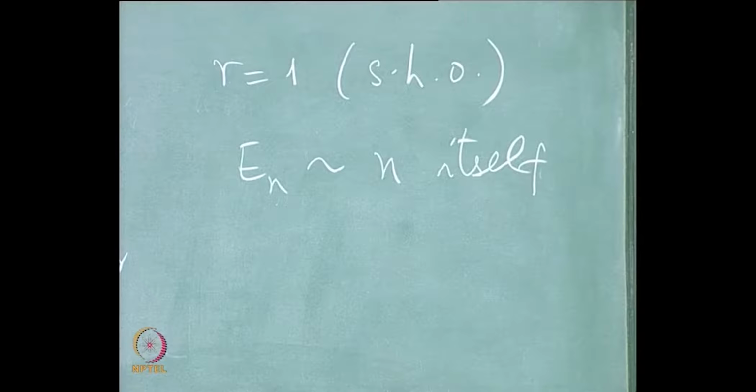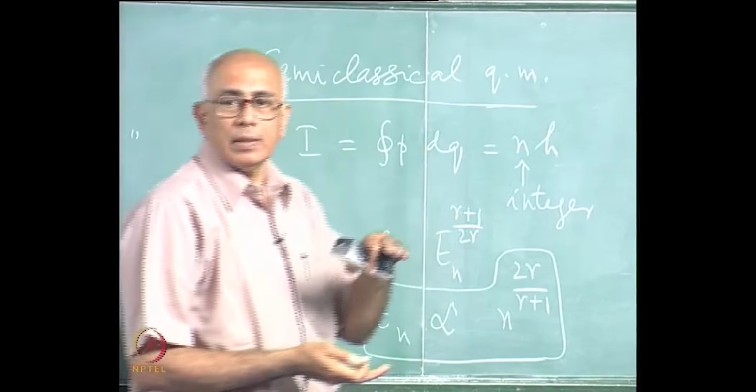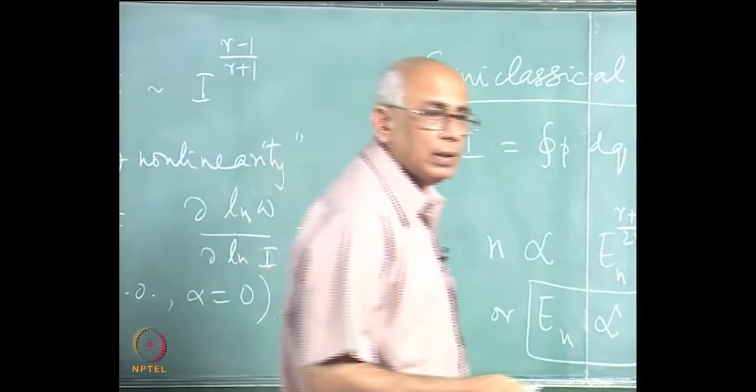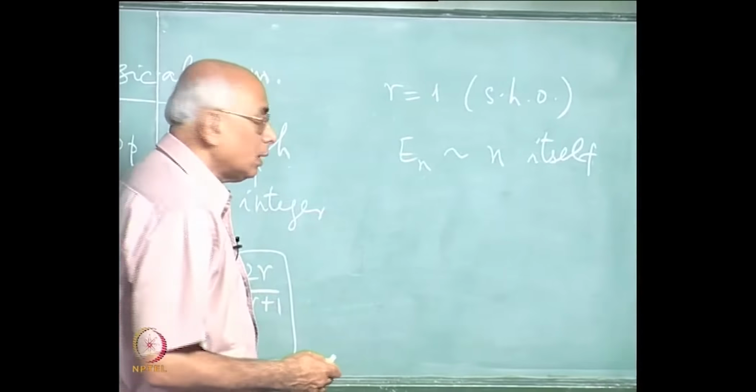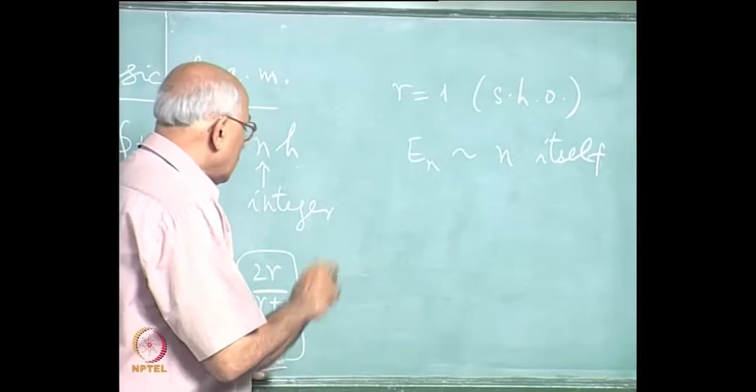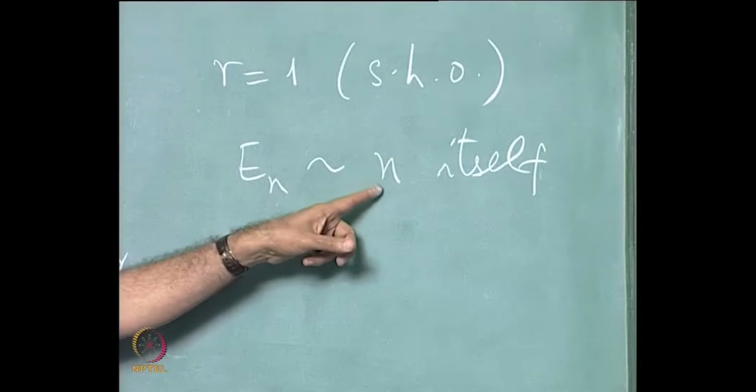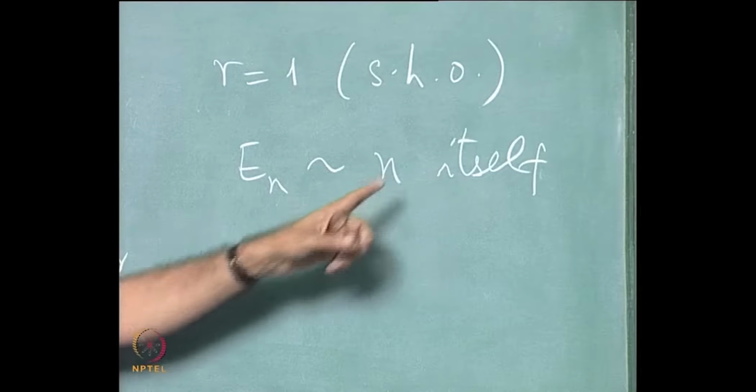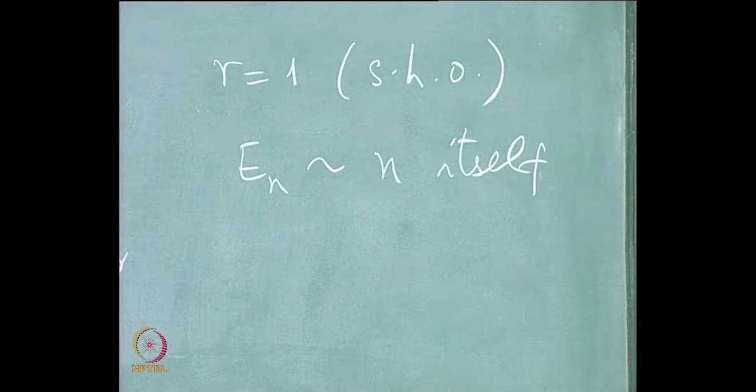That is a level spacing which is equally spaced energy levels, and this is exactly what the harmonic oscillator does in quantum mechanics. Of course the exact relation for E n is n plus half times h cross omega, and the half arises from so called zero point motion.